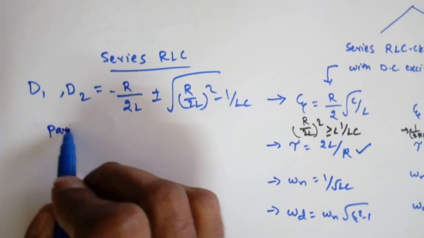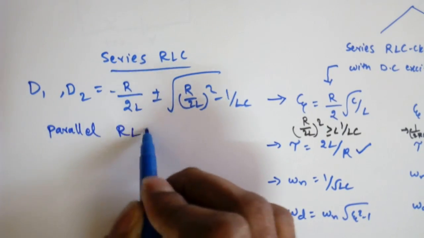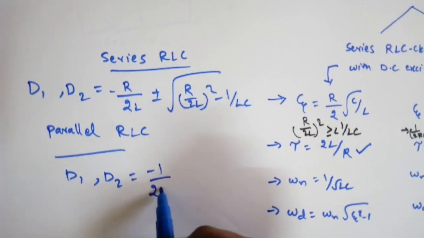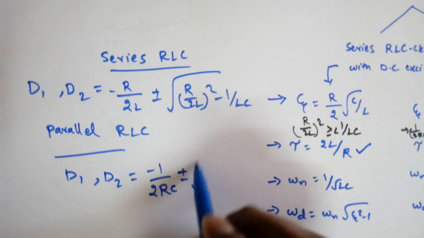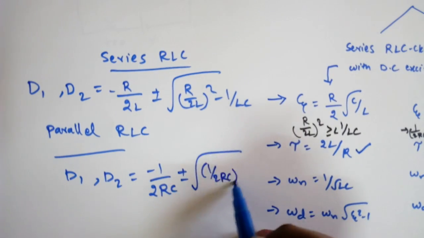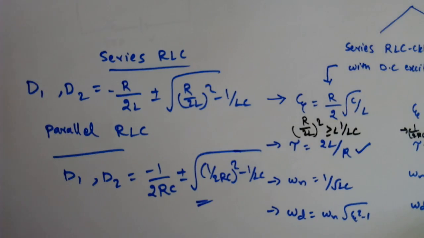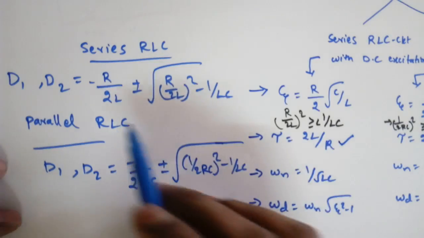In parallel RLC, D1, D2 are minus 1 by 2RC plus or minus root of (1 by 2RC) square minus 1 by LC.